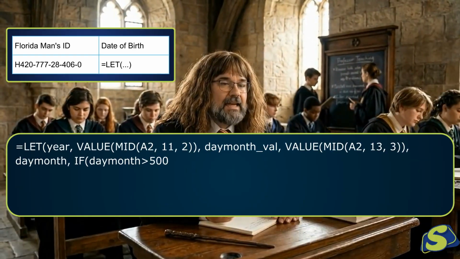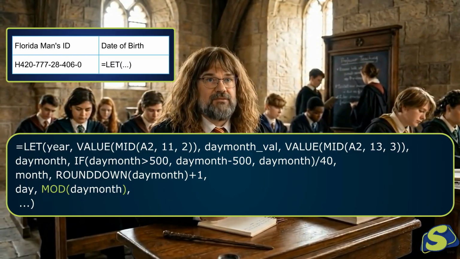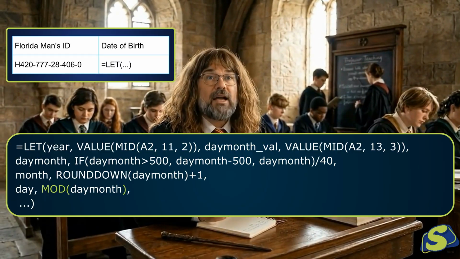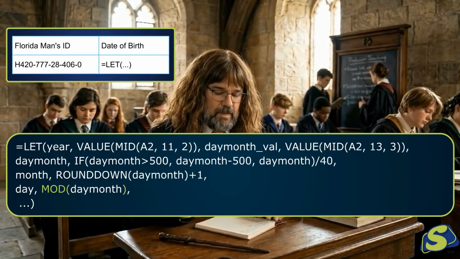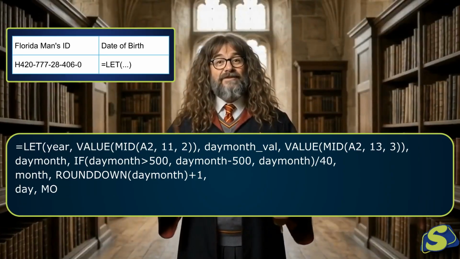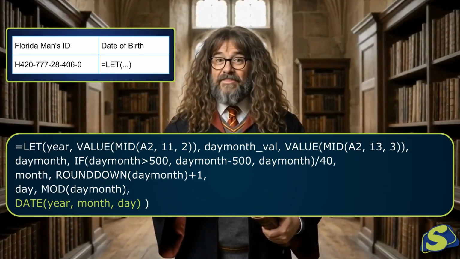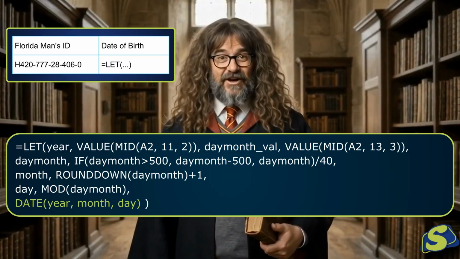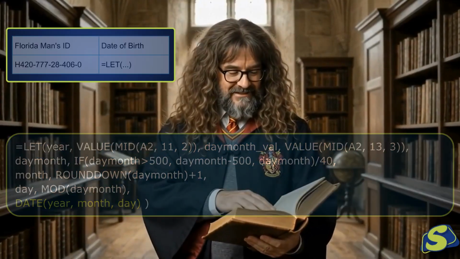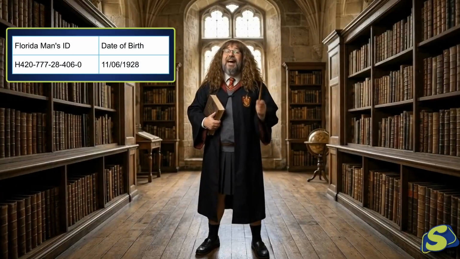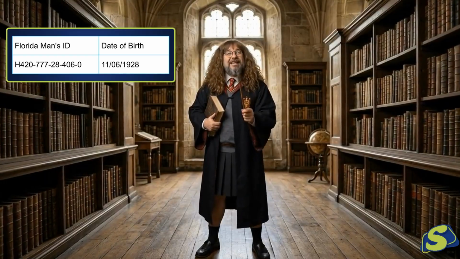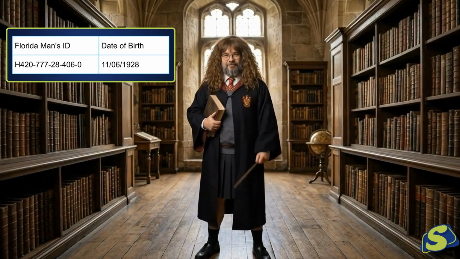The day is the remainder of that division, so we can use the MOD function to get that. At the end, I plug all 3 variables, year, month, and day, into the DATE function to get a correct birth date. And there you have it, a date of birth retrieved from an ID number.